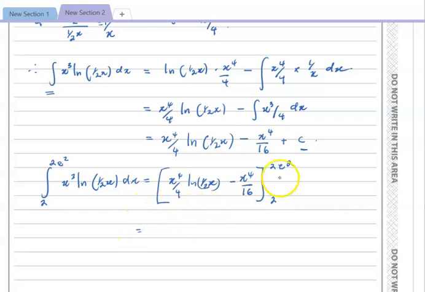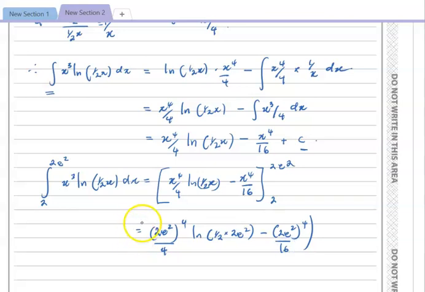So substituting the 2e squared first, I have 2e squared, all of it power of 4, over 4 natural log of a half of 2e squared, minus 2e squared power 4 over 16.